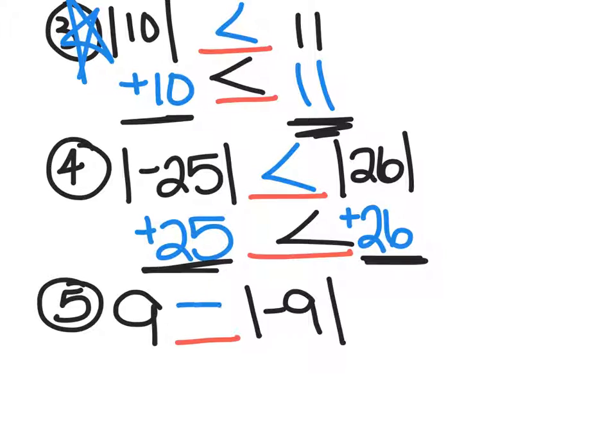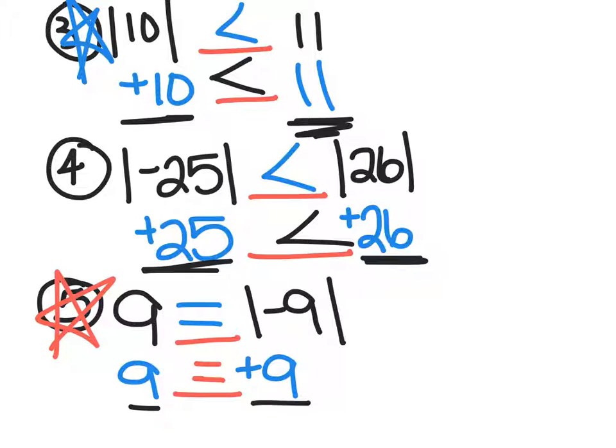And you should determine that you need an equal sign, okay? Remember, 9 just stays, and you're comparing that to the absolute value of negative 9, which is positive 9. Well, if I'm asked, would you rather have 9 in your pocket or 9 in your pocket, my saying is going to be equal. I'd rather have either of those in my pocket. So that would be correct. Great job.